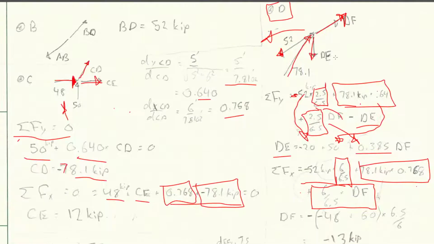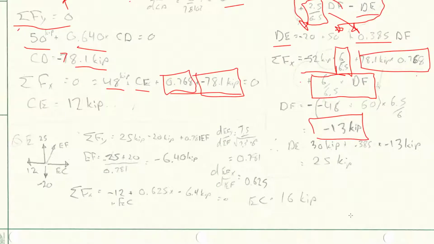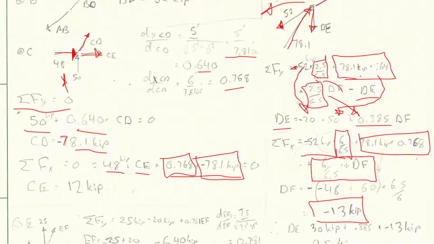Based upon the initial assumption that it's in tension, which is the default, its direction is going to be positive. But when we plug everything in and solve for DF, it actually ends up being negative. So, yay, the math works out.